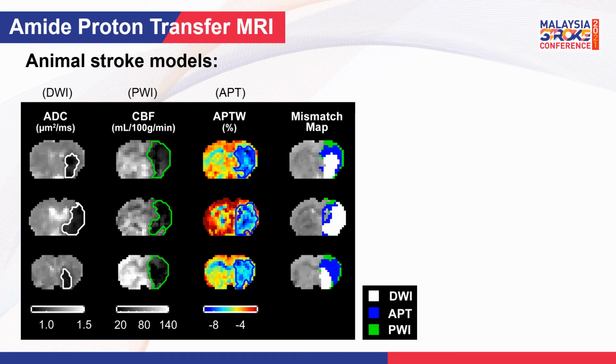So through our experiment using animal stroke models, this was what we observed, where when looking at the conventional MRI, the diffusion deficit areas were smaller than the perfusion deficit areas, but when looking at APT, the APT deficit areas were larger than the diffusion deficit areas, but smaller than the perfusion deficit areas, where we can see that the blue region coming from APT is between the white and the green areas coming from the conventional MRI.